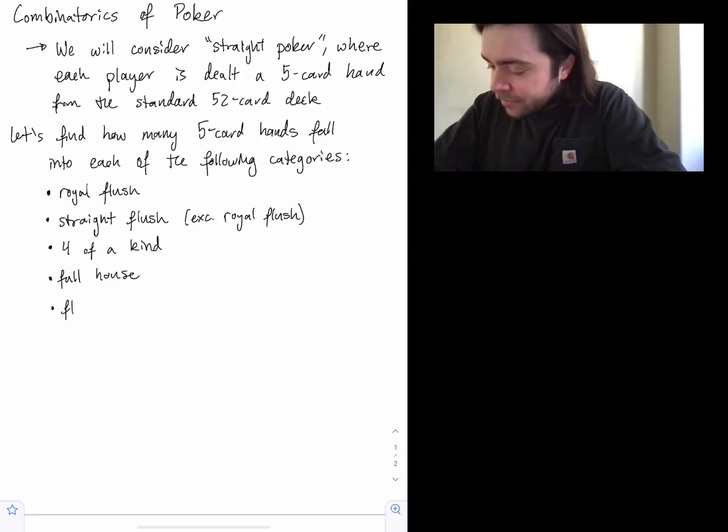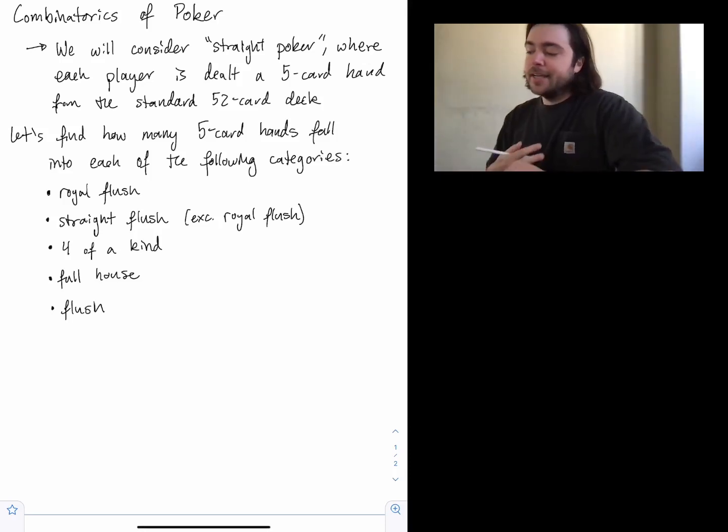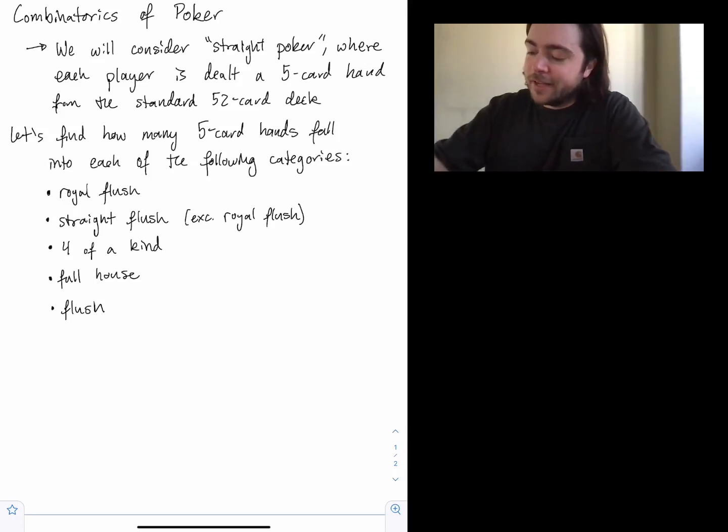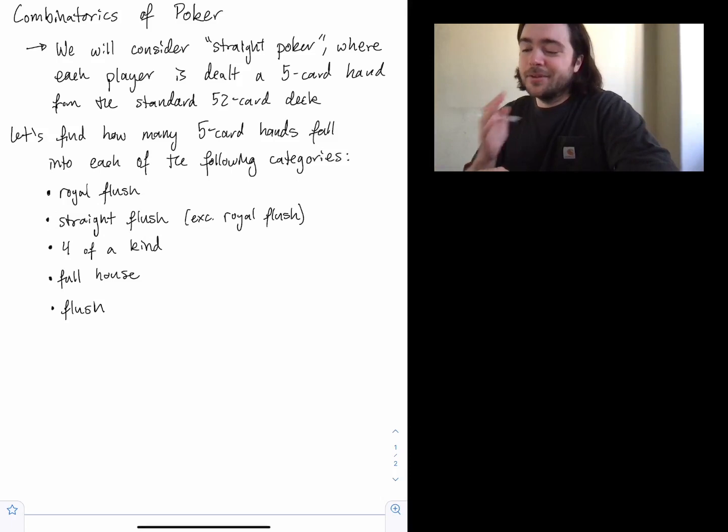Then there's something called a flush. Okay, a flush just on its own. A flush is just where you have 5 cards all of the same suit. Okay, so obviously a flush is not necessarily a straight flush, right? A straight flush, it's going to turn out, is a flush where all of the values of the cards are in increasing order, or they're consecutive.